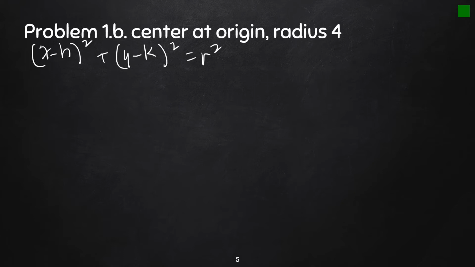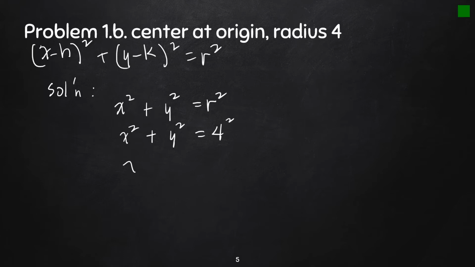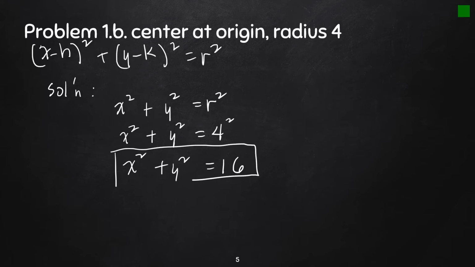If the center is at the origin, you can automatically write x squared plus y squared equal to r squared. Substituting the value of r, which is 4, you square that, you have x squared plus y squared equal to 16. And this is the equation of our circle in standard form.